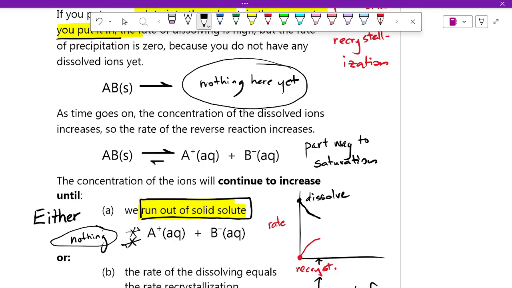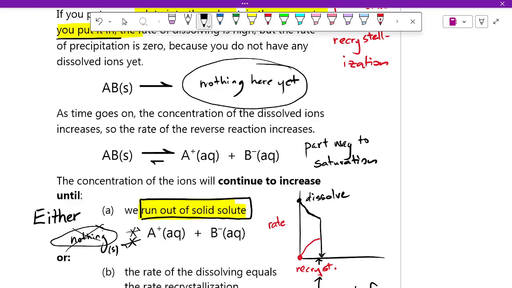You can't go forward because there's no more solute, no more solid, nothing there. What happens to the rate of dissolving when you have nothing left to dissolve? 0. Bam.